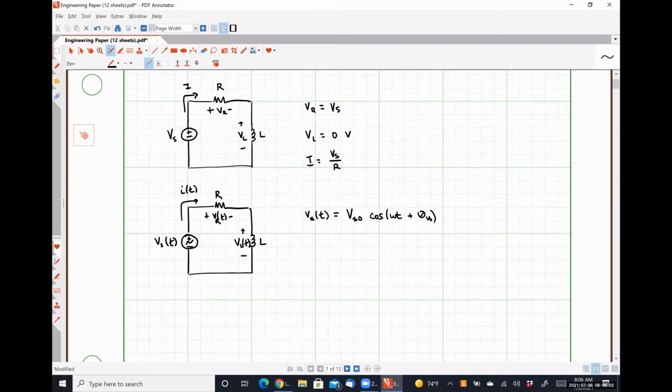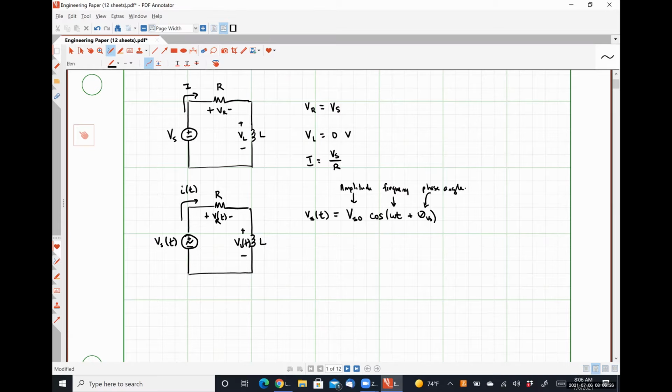So let me be explicit about what these things are. This right here is our amplitude, omega, our angular excitation frequency, and theta Vs is our phase angle.